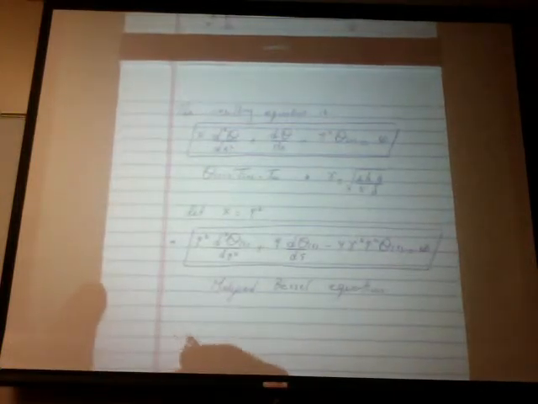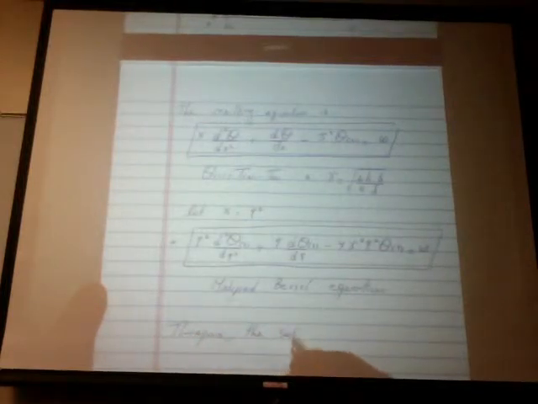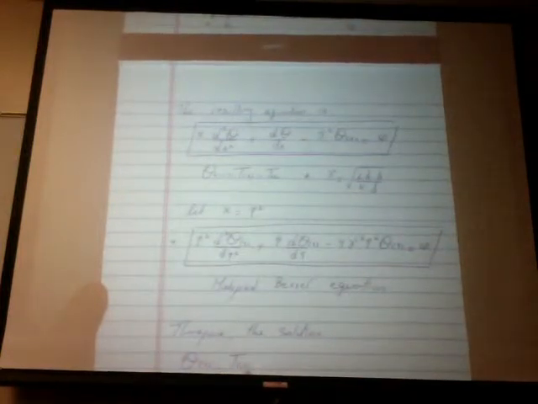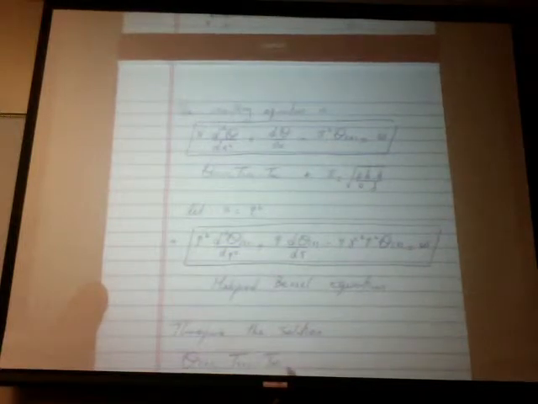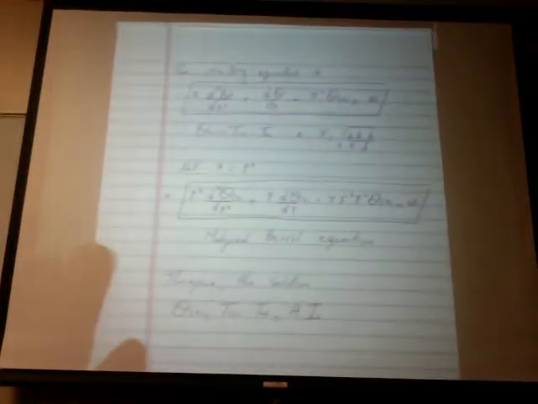So, therefore, the solution, and I'm going to write the solution in terms of x, which is dx minus d infinity, is equal to A, constant of integration, modified Bessel function of the first kind of order 0, 2 gamma times square root of x.